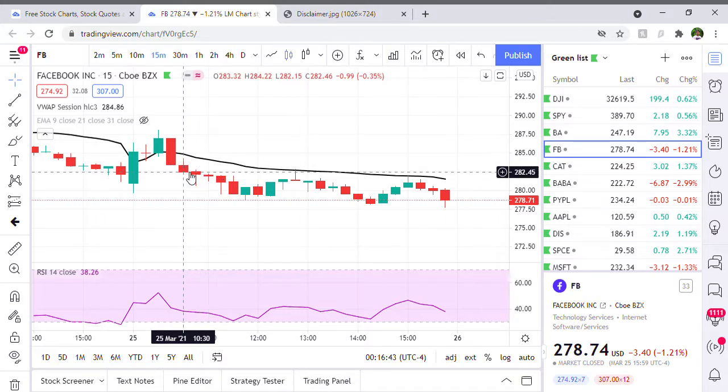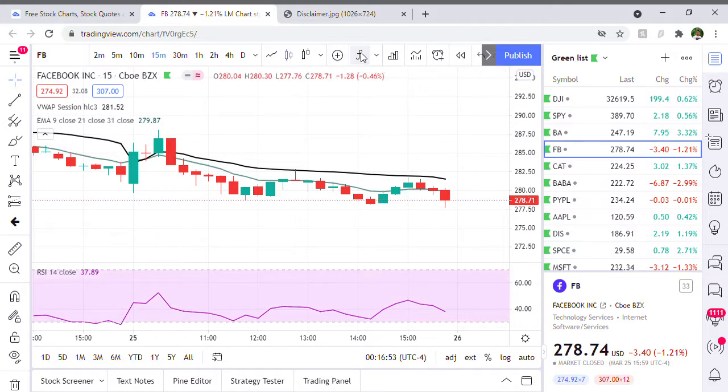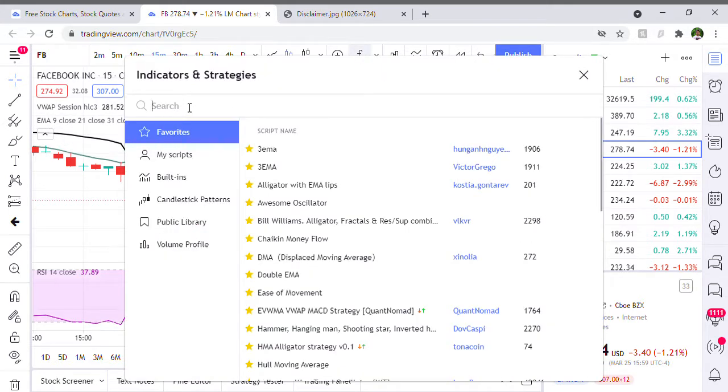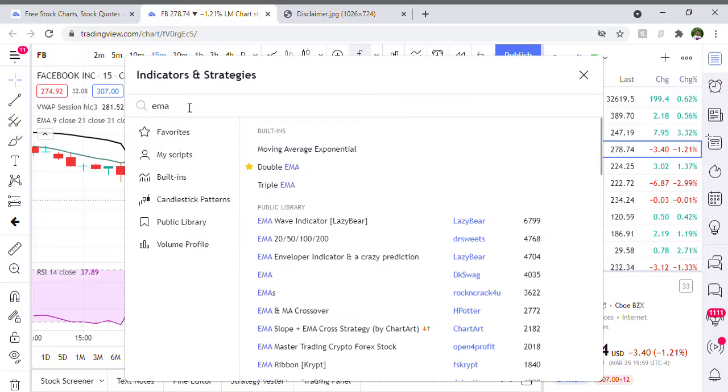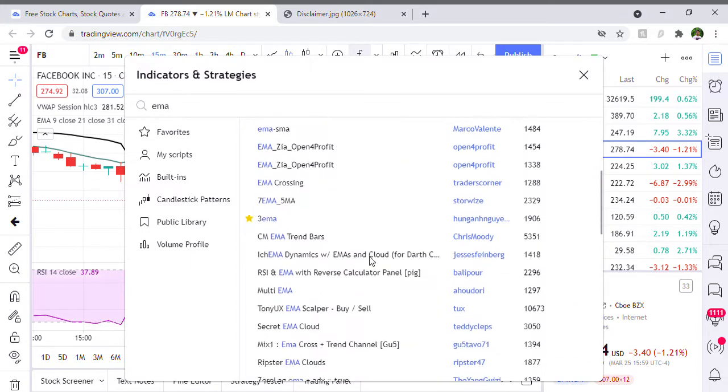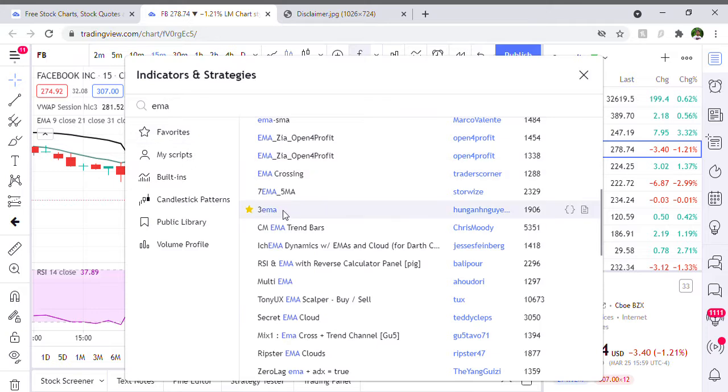Okay, so I will add the next indicator, that is the 9 EMA, as I told you. If you go here and search for EMA on your charts, you will get so many EMAs. So look for the public library one with 3 EMA.